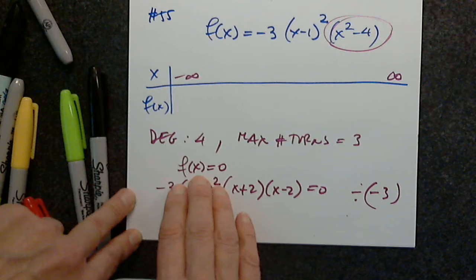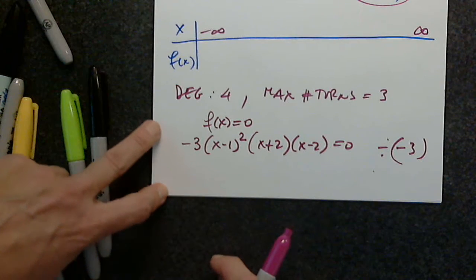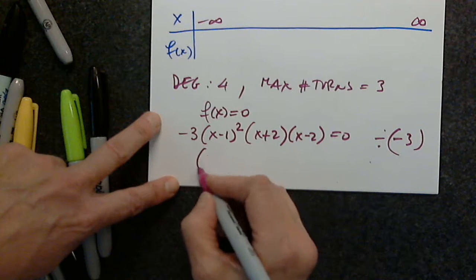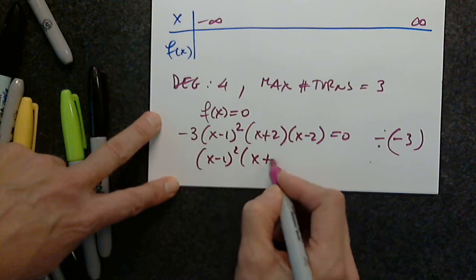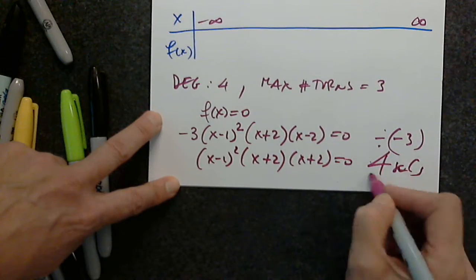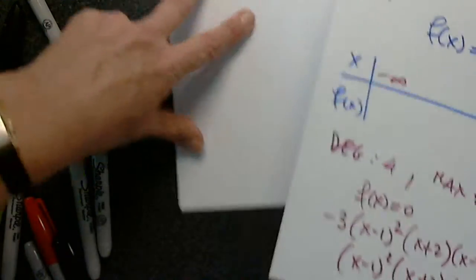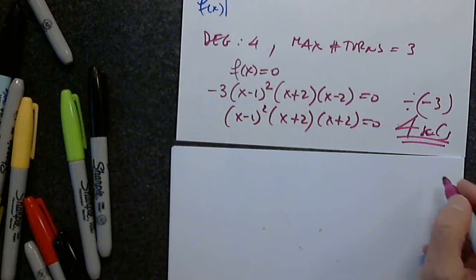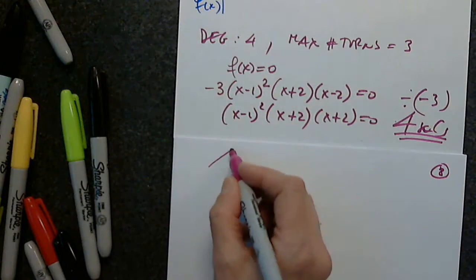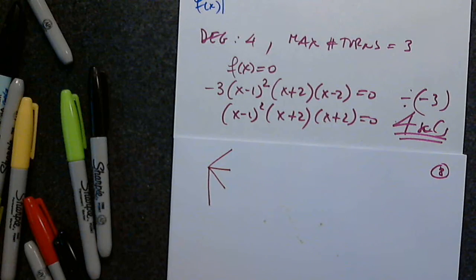I cannot do it in a function, but in an equation I can. It's not going to change anything. How many solutions do I have to find? 4 solutions, very important. I made myself a note, don't forget, 4 solutions, even if you have to repeat them, and we know what that means. Okay, so can anyone give us 4 solutions?